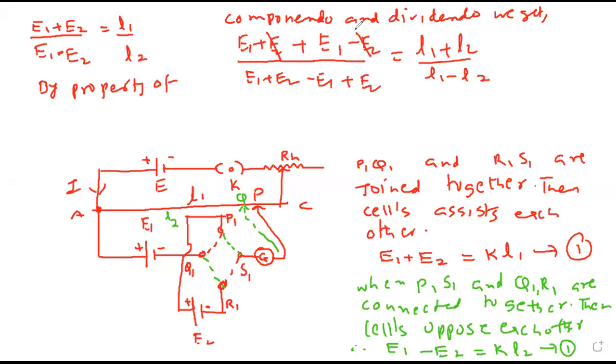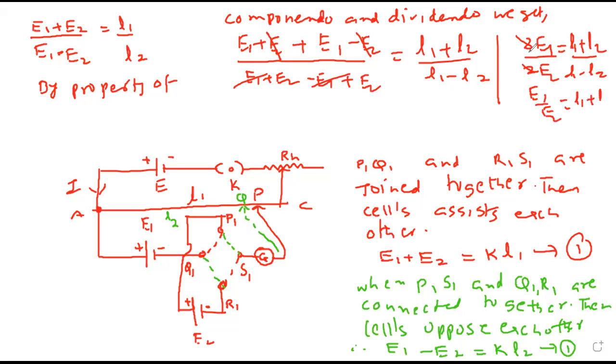E2 minus E2 and E1 minus E1 cancel. So 2E1 upon 2E2 equals L1 plus L2 upon L1 minus L2. So E1 upon E2 is sum upon difference of length.